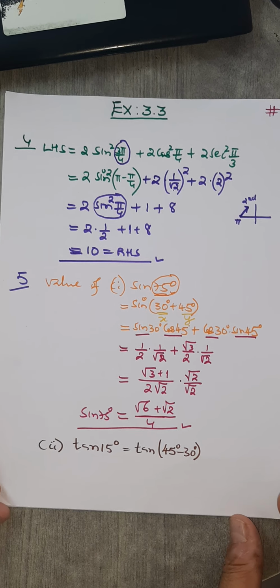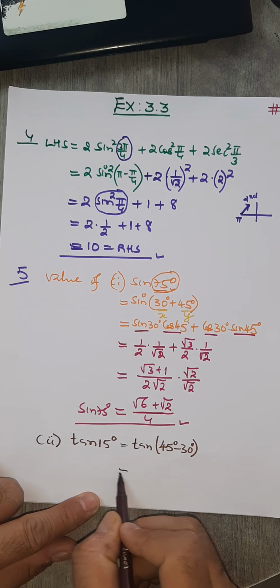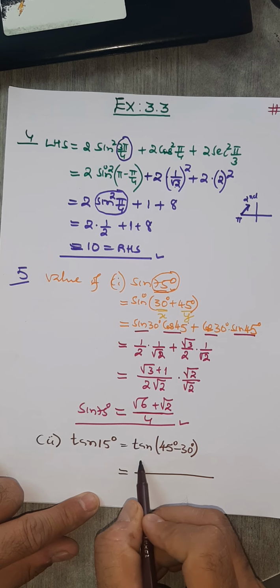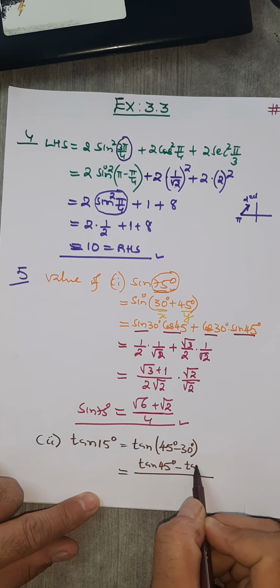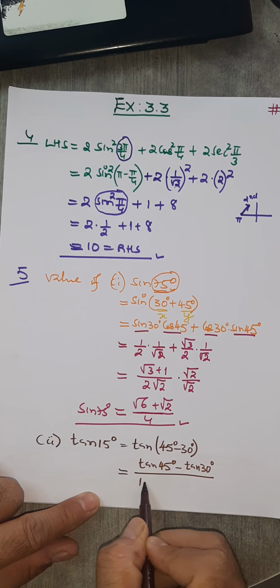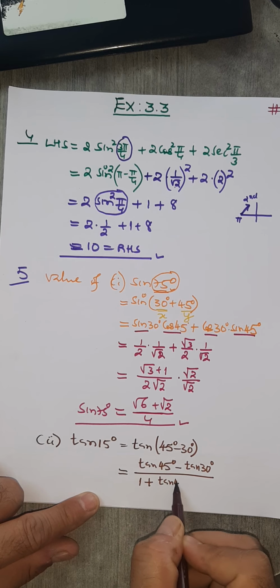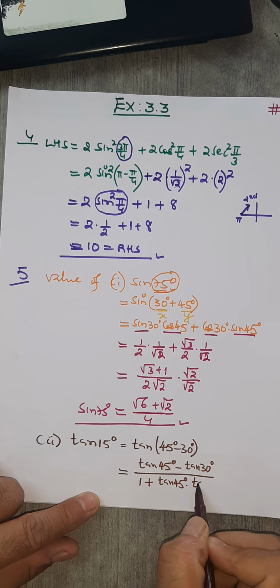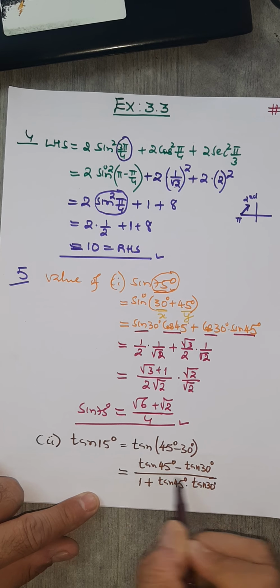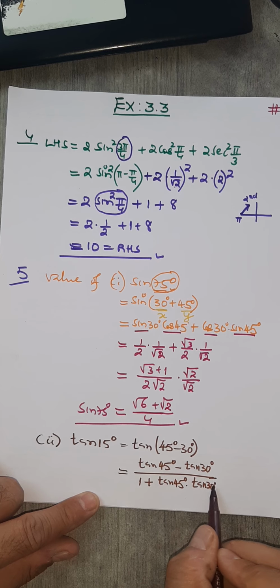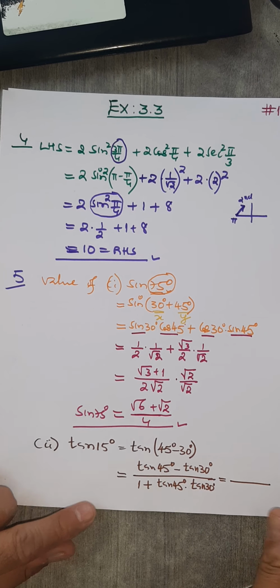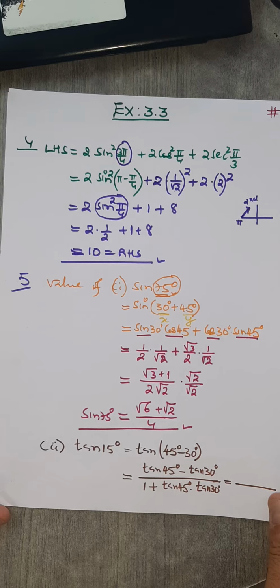Now you use the addition formula, you know it: tan x minus tan y upon 1 plus tan x into tan y. Put the values and simplify. Tan 30, tan 45, put the values and simplify. So you'll get the final answer.